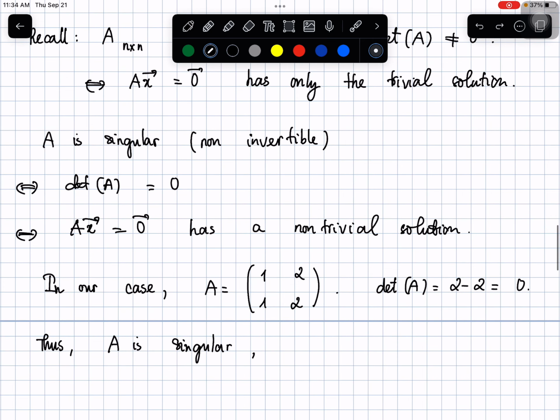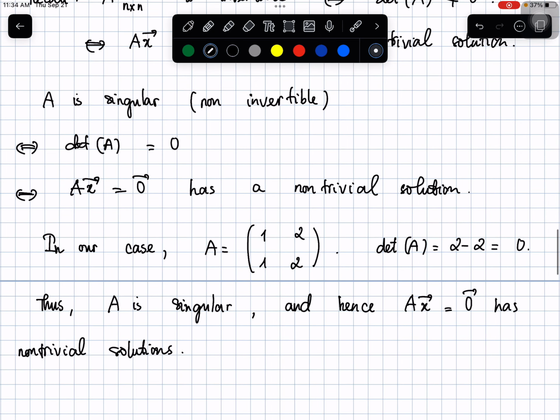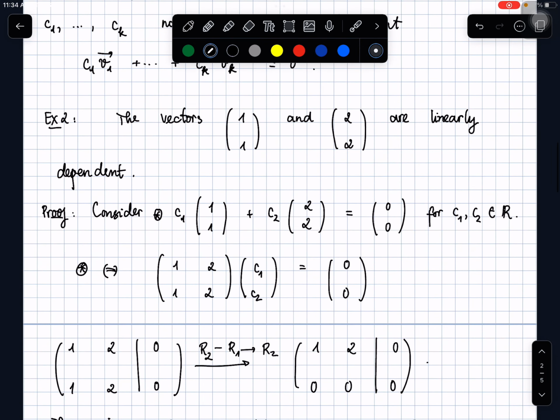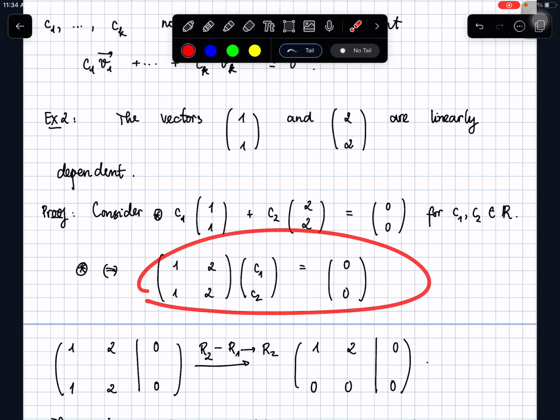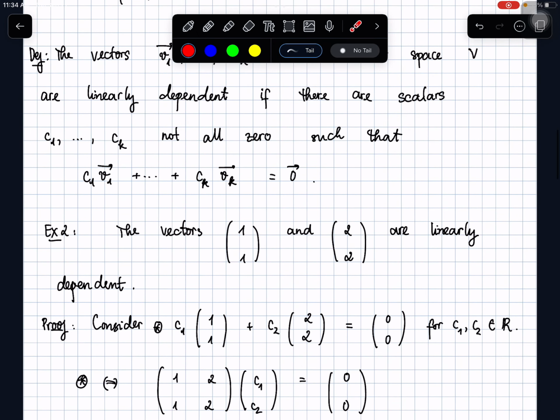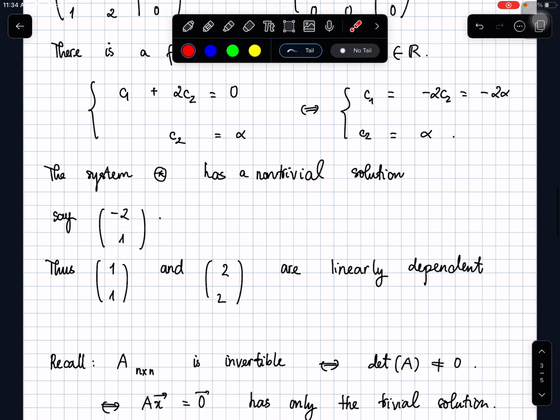And hence the system Ax equals 0 has a non-trivial solution. Therefore, there exists something non-trivial so that this linear combination still holds. Therefore, by definition, they are linearly dependent.